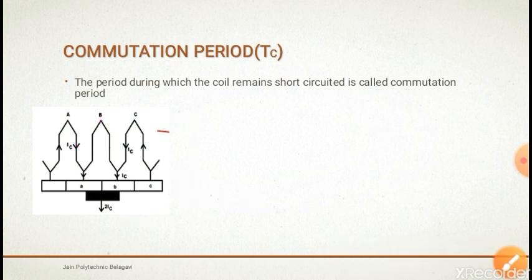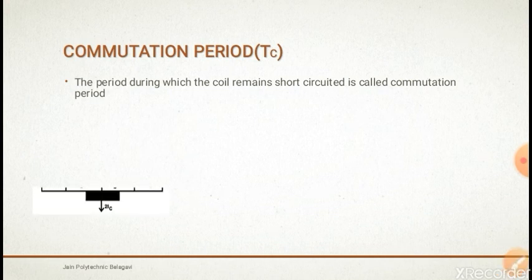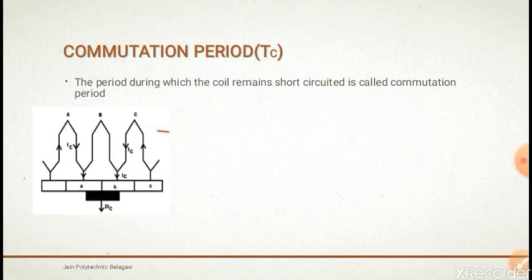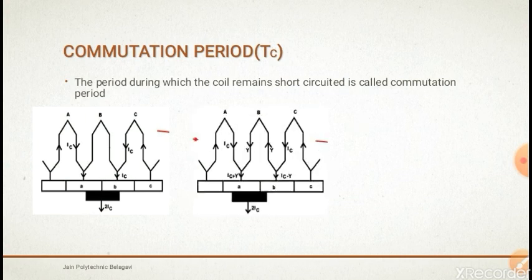The position of this brush will change as the commutator is rotating. In this diagram you can see coil B shown during the period of short circuit, and it is observed that the current can reach the brush without passing through coil B. So coil B has no current.